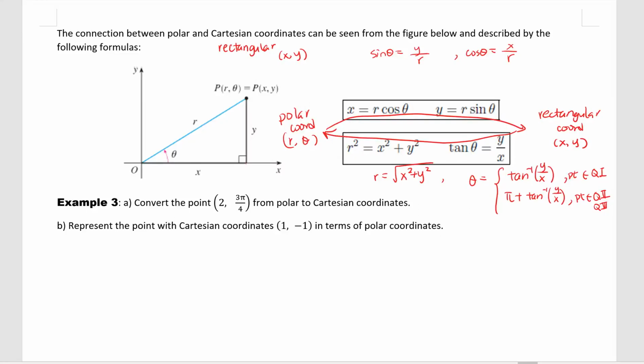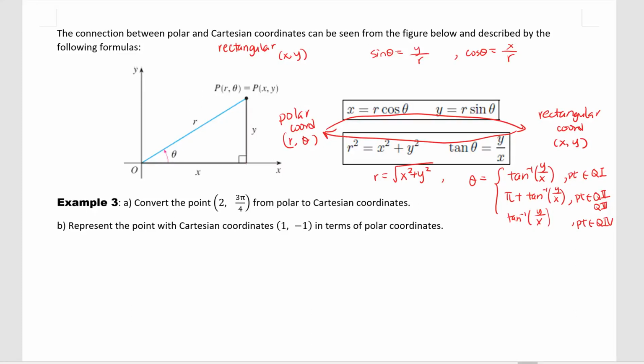So if the point is in quadrant 2 and quadrant 3, you actually need to add pi to it. So to figure out your theta, you need to look at where the point is located. If it is in quadrant 1 or quadrant 4, it's just arctangent. And if the point is located in quadrant 2 or 3, you need to add pi to it. So theta is pi plus arctangent of y over x.